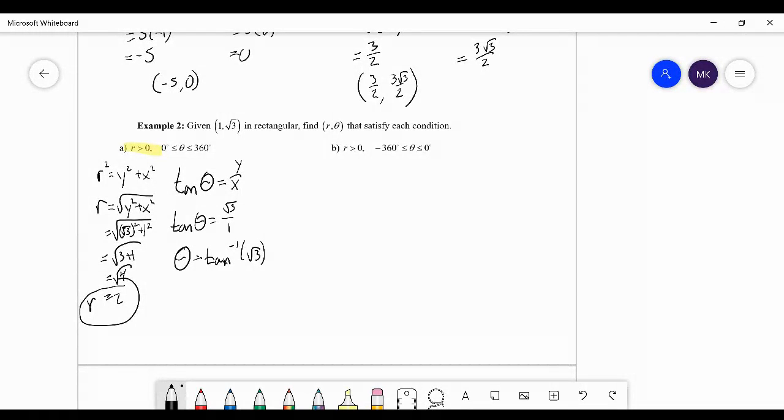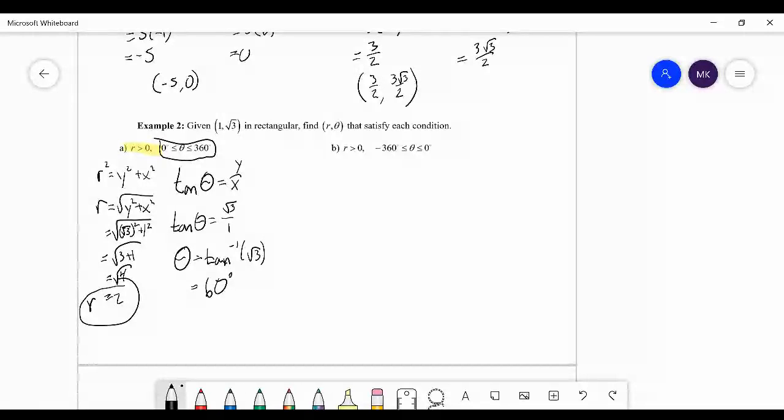For those of you who are unfamiliar with the unit circle and those tangents, which I told you to write down, this is 60 degrees. Notice the requirement for theta was that it's between 0 and 360 degrees, so we are using degrees here. Inverse tangent just gave us 60 right off the bat, so we're good.